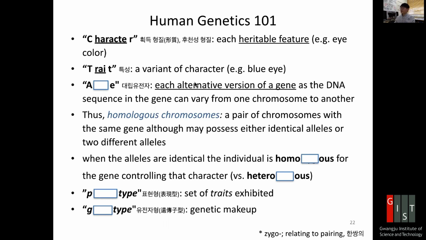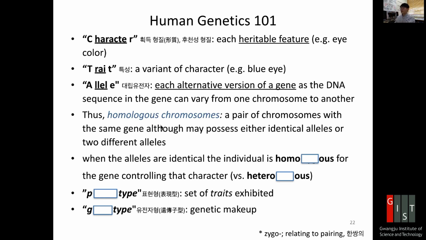The DNA sequence of a gene can vary from one chromosome to another because we have a copy of each chromosome. So genes can carry the same sequence or different, and each alternative version of a gene we call an allele.